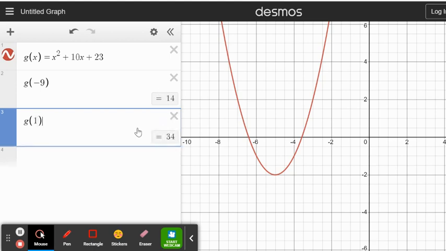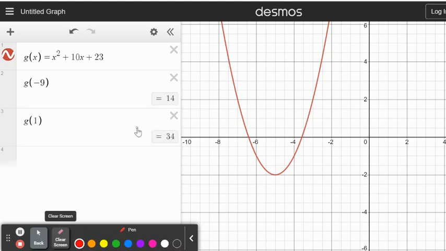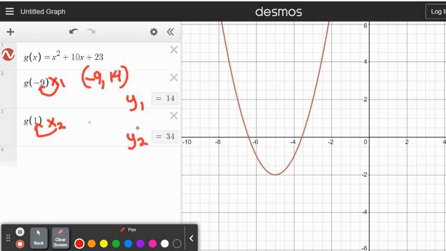Now this is my y1 and this is my y2, because -9 was my x1 inside there, and 1 is my x2. So what I just did was I found two coordinates. I found -9, 14 as my first point, and I found 1, 34.